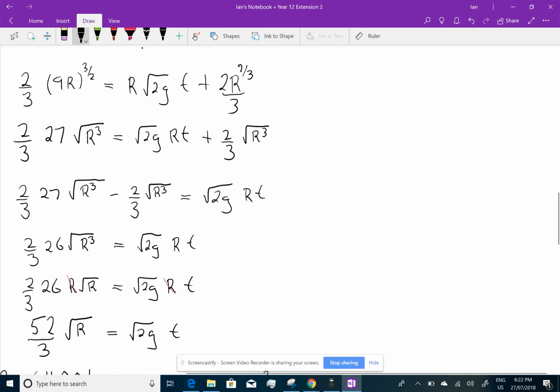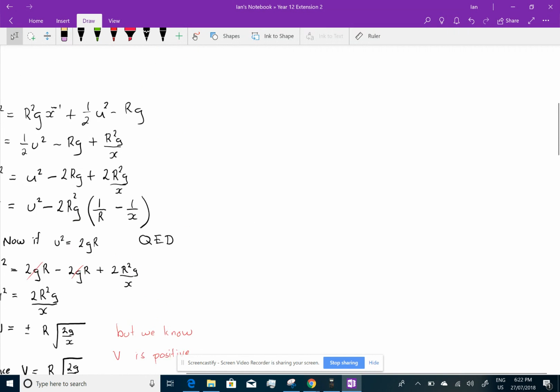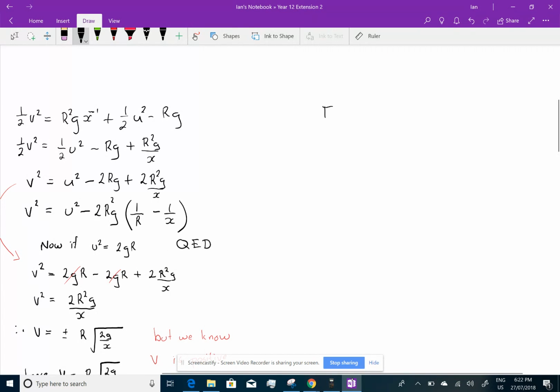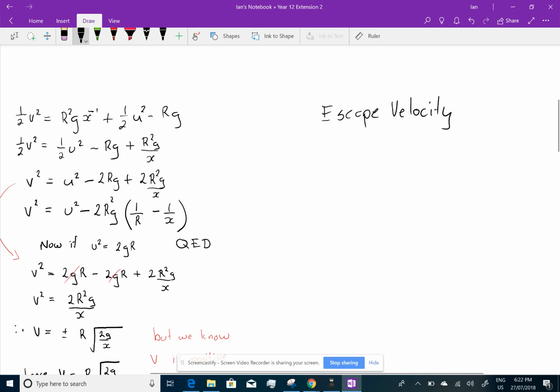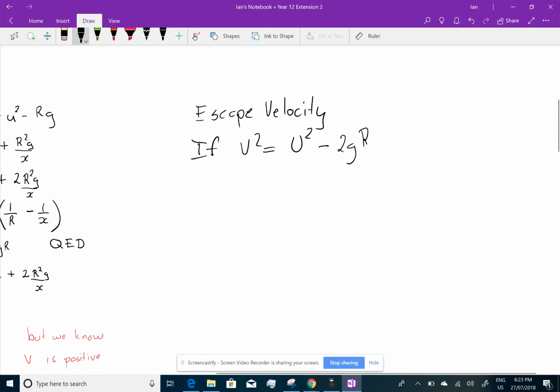Righto. Let's do the last bit. To escape Earth, escape velocity. If v squared equals u squared minus 2g r squared 1 on r minus 1 on x.